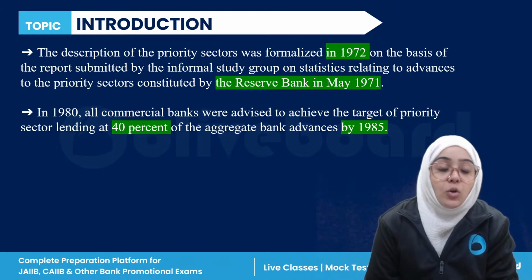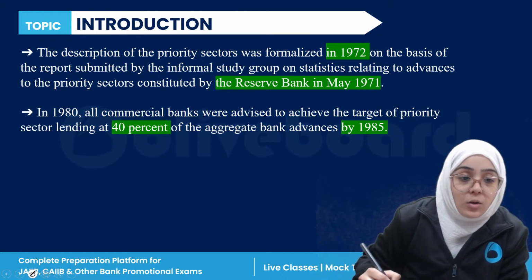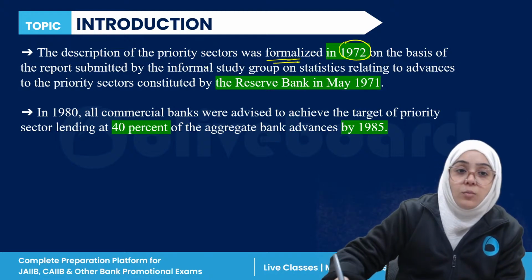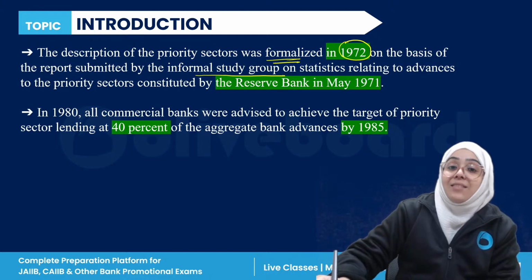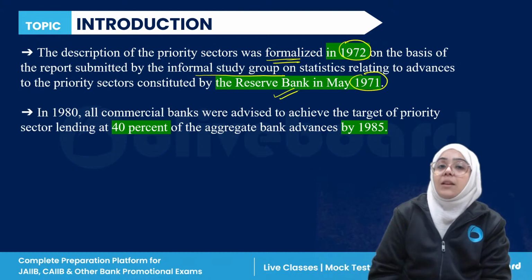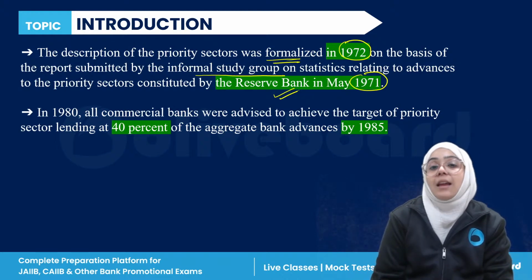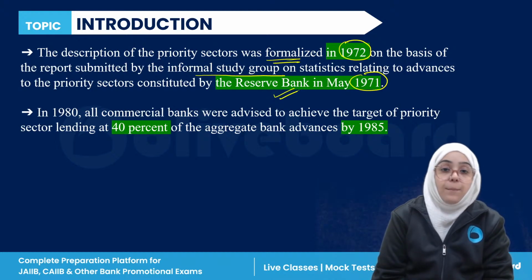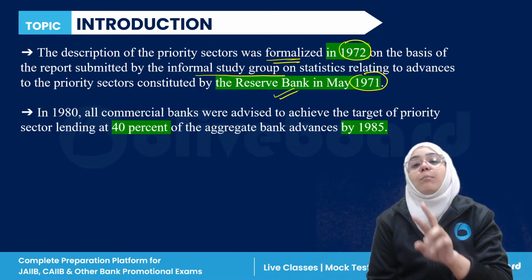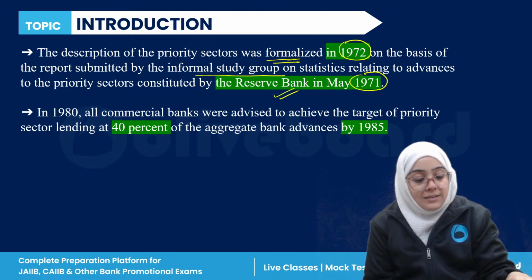First of all, the description of the priority sector was formalized in 1972 on the basis of the report submitted by the informal study group, which was constituted by the Reserve Bank of India in May 1971.